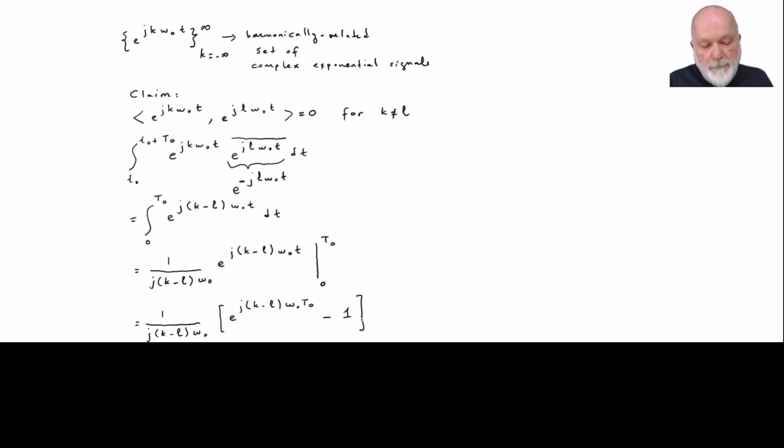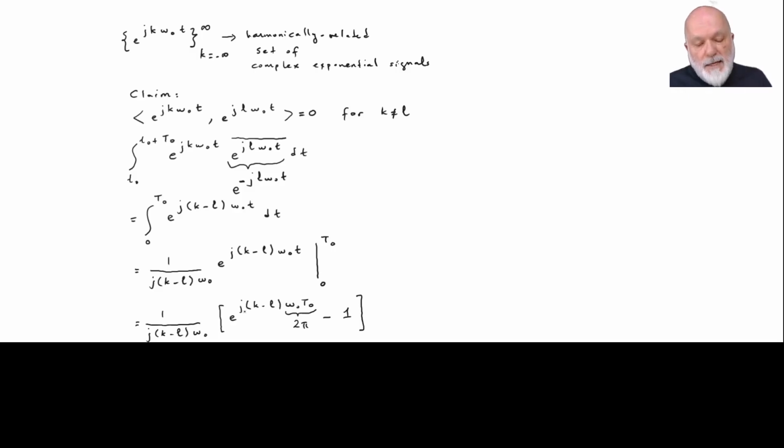Now let us look at this term here, omega 0 capital T0. It is equal to 2 pi, because remember, omega 0 is related to capital T0 as omega 0 equal to 2 pi over capital T0. Therefore, the product is equal to 2 pi.